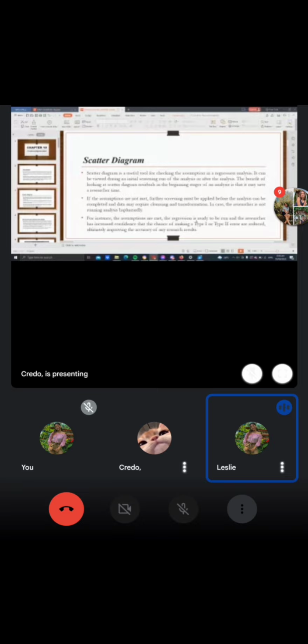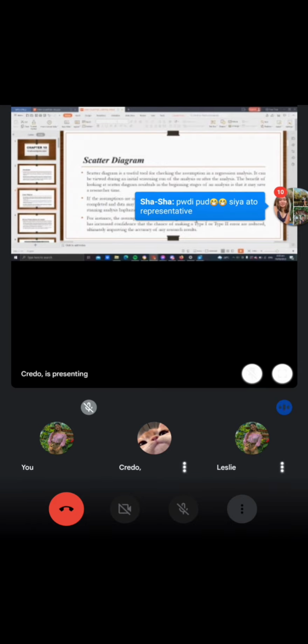If the assumptions are not met, further screening must be applied before the analysis can be completed, and the data may require cleansing and transformation, so the researcher is not running the analysis haphazardly. In other words, the scatter diagram pairs numerical data with one variable on each axis to look for a relationship between them.